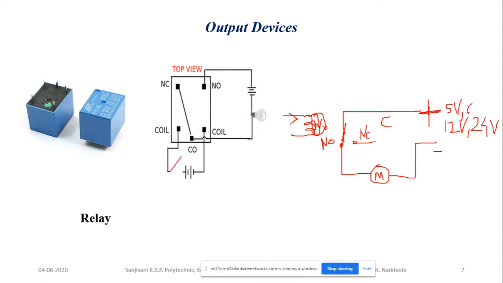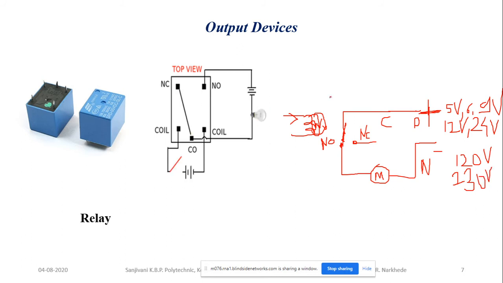And if it is AC, then here it is a phase, and the second terminal becomes your neutral. So it might be 120 volt AC, or it might be 230 volt AC over here. Is it clear?